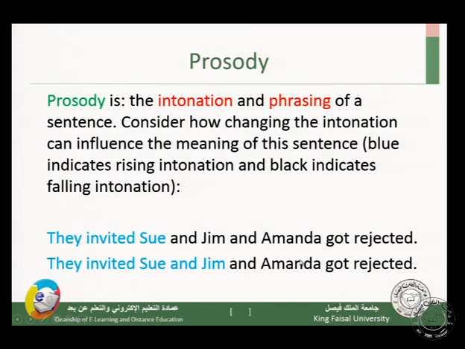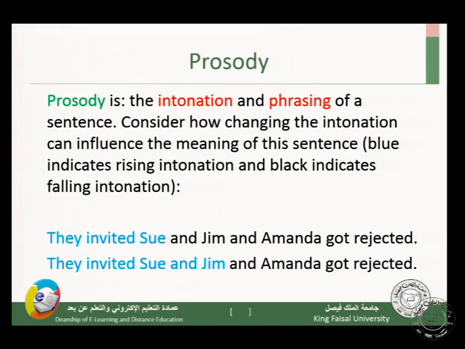Let's pronounce it a bit differently. They invited Sue and Jim, and Amanda got rejected. They invited Sue and Jim, and Amanda got rejected. Okay? The meaning of the first is that only Sue was invited. The rest were rejected.